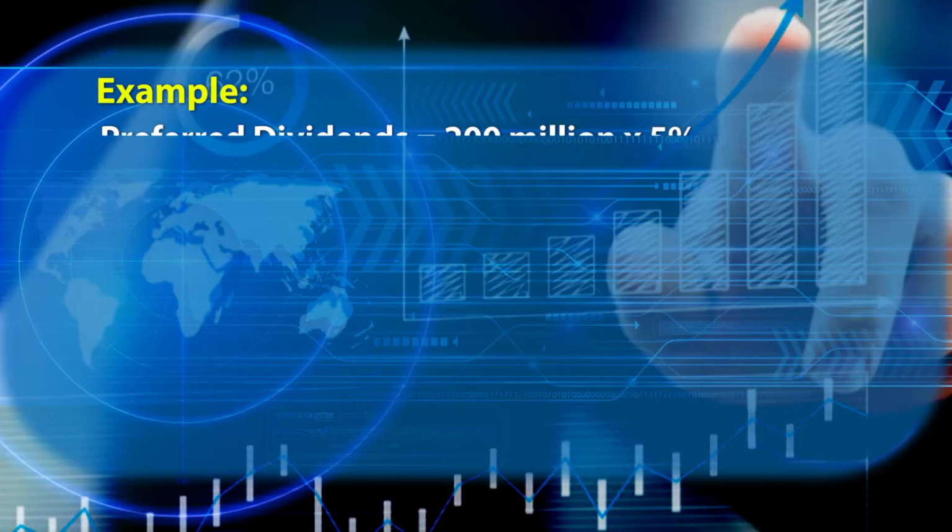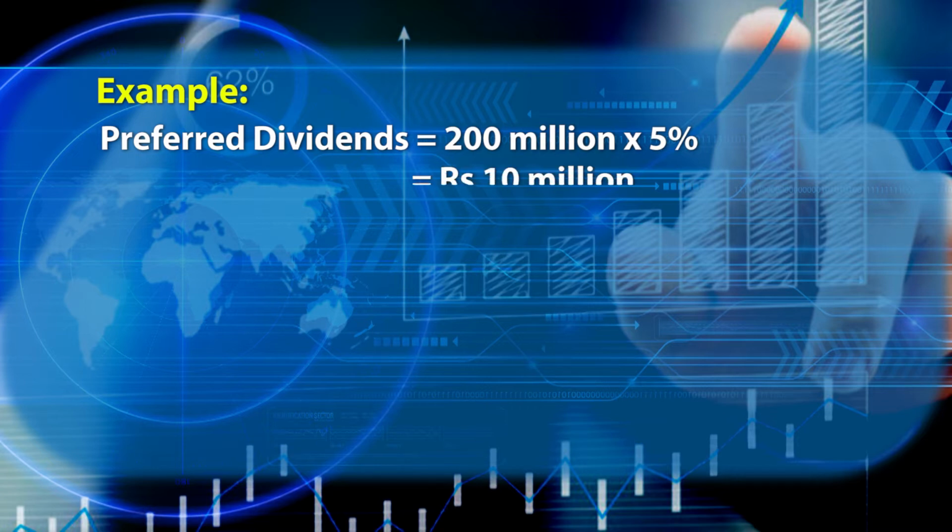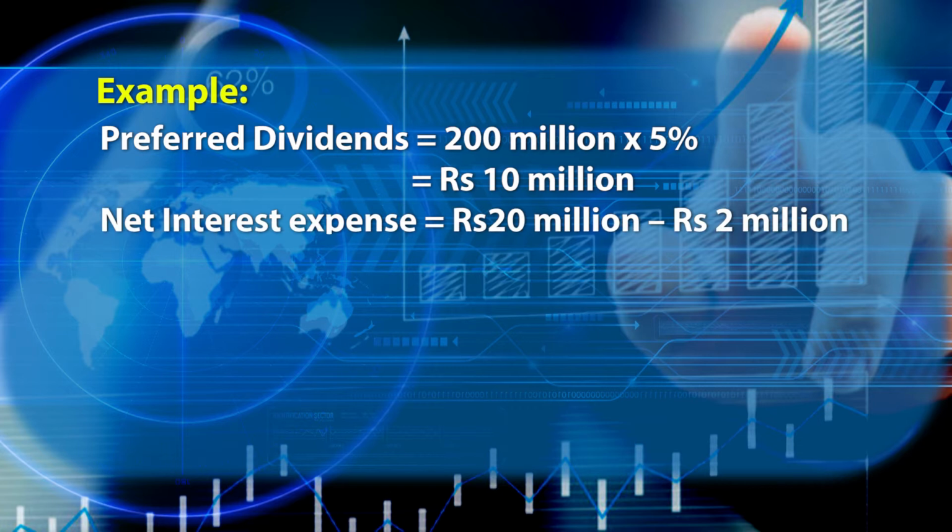First step would be to calculate the earnings before taxes, preferred dividend payments, taxes, and interest expenses. Preferred dividends is equal to 200 million into 5%, which is equal to rupees 10 million. Net interest expense is equal to rupees 20 million minus rupees 2 million, which is equal to rupees 18 million.